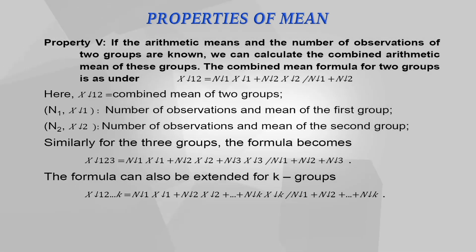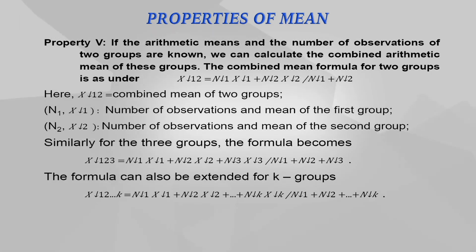Assume that n1 and x1 bar are the number of observations and the mean of the first group, n2 and x2 bar are the number of observations and mean of the second group, and x12 bar is the combined mean of both groups. Similarly, this property can be extended up to 3 groups.